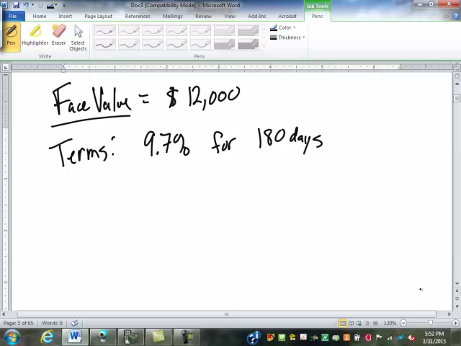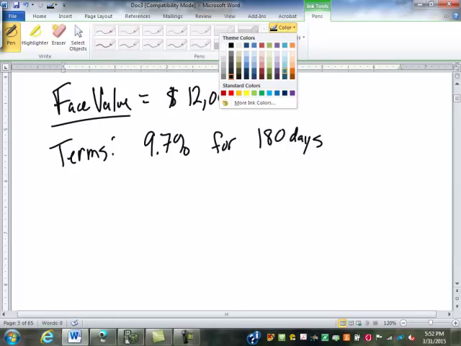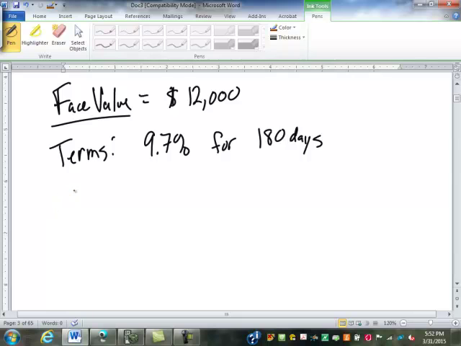So first, let's start off. Did you get it? What did you get for an effective rate? 10.20 or 10.19 now? Both should be close to one of those two. Let's take a look and see which one we get. So first up, finding the discount, we're using our simple interest formula.